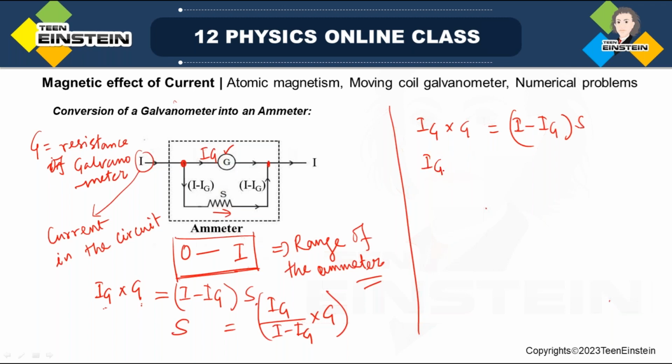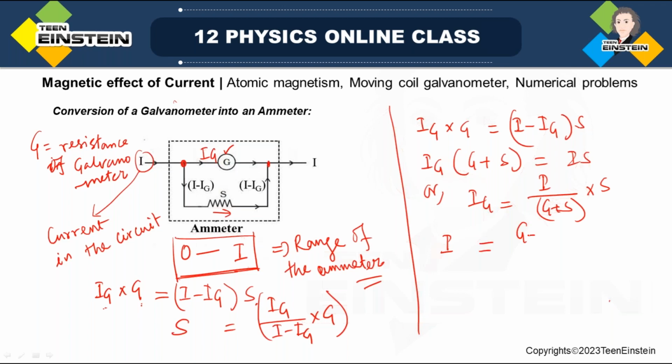How to find out that? I can bring this part to the left hand side, so this will be Ig into G plus S equals I into S. So from here we find Ig is equal to I divided by G plus S, into S. If I want to find out what is I, then I have to do I equals Ig into G plus S divided by S.